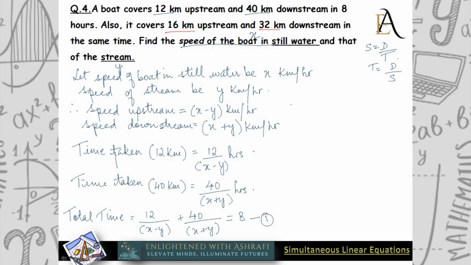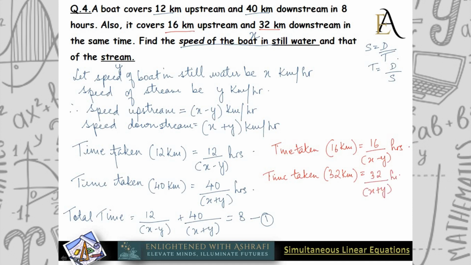So again, time taken for 16 kilometers is 16 upon x minus y hours. Time taken for 32 kilometers is 32 upon x plus y hours.